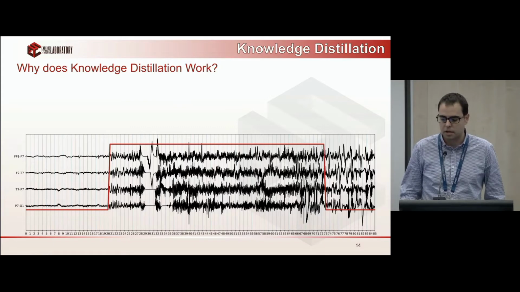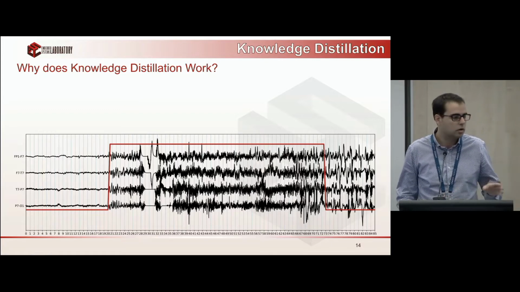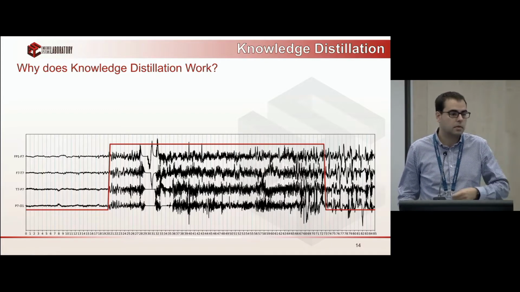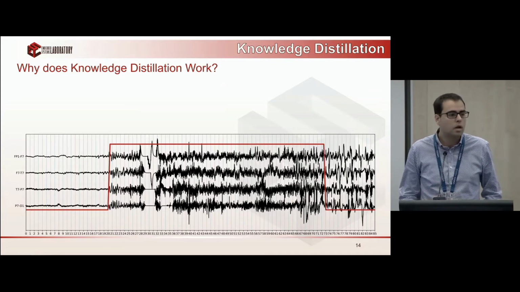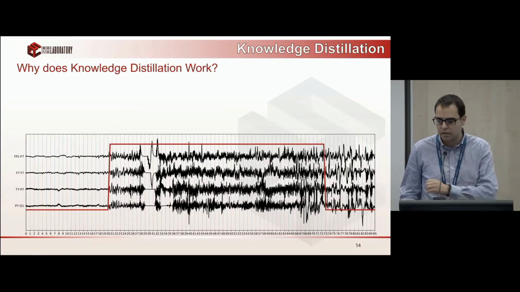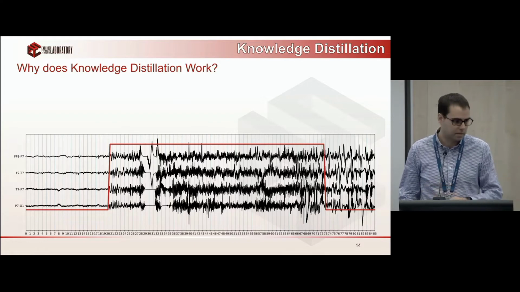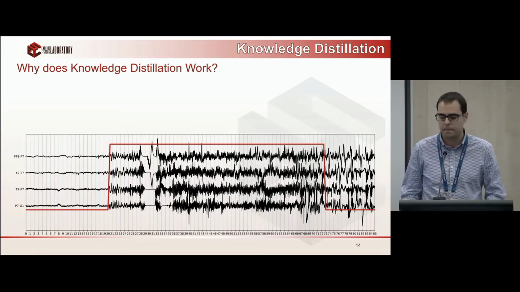So the seizure starts at second 20 and finishes at second 75. So all this is a seizure. Any machine learning model that you try to fit with this label will try to give a positive answer to all this segment. It is the same the first second and the second and the third.